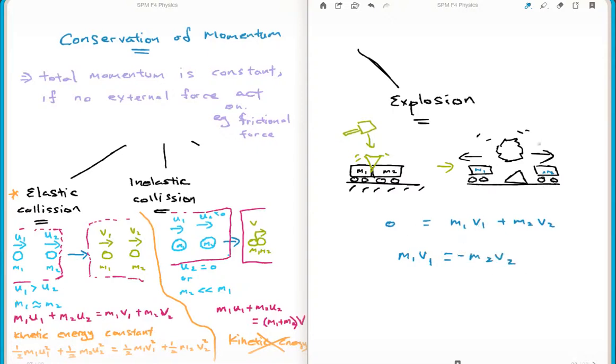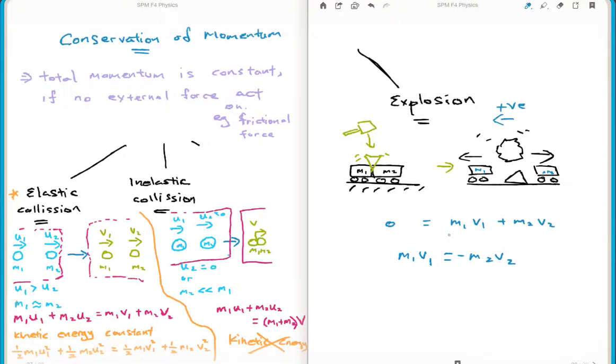Maybe I define positive to be to the left. Therefore I know that M2 is moving to the right because it's on the negative side, opposed to what I define as positive. It's not necessary that you define positive as the positive direction.